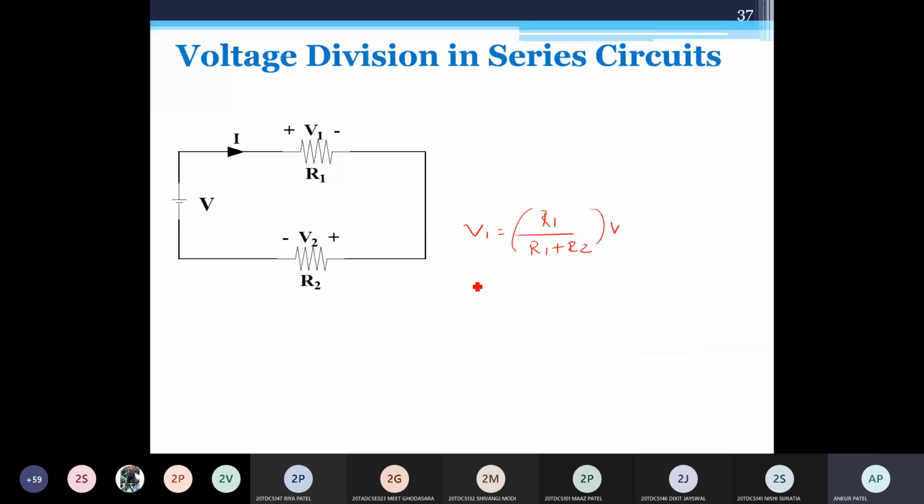And V2, that is across R2, is R2 divided by R1 plus R2, into V. So you can apply this voltage divider rule for finding voltages V1, V2, V3, V4 according to the circuit.